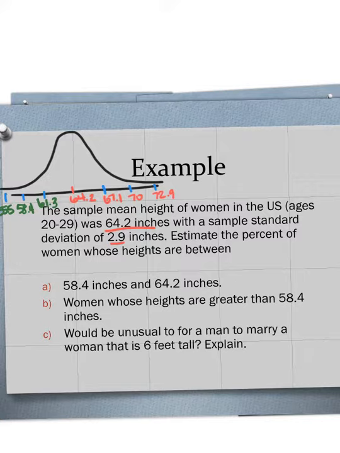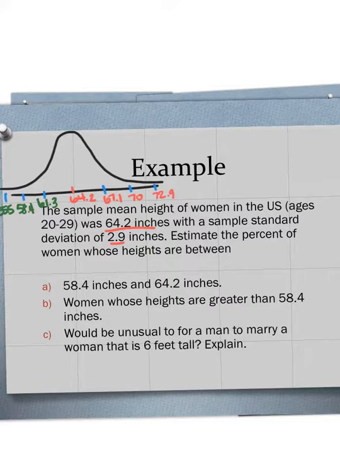So what I've done is, all I did was I set the mean at the middle of the curve, found 3 standard deviations to the right and 3 standard deviations to the left, because underneath this curve is always 6 standard deviations. And so what we're going to do now is use this information to answer this question. It says, estimate the percent of women whose heights are between 58.4 inches and 64.2 inches.